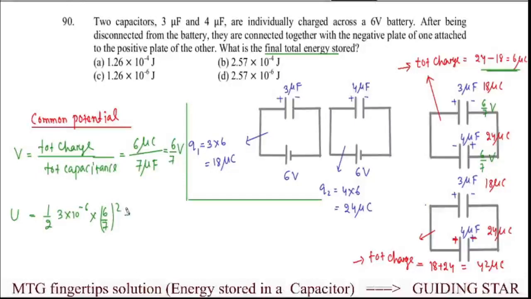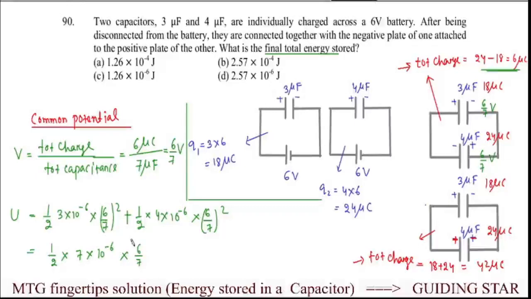Then plus the lower capacitor, which has energy half C V square. It will be 4 into 10 to the power minus 6 into the potential across the capacitor, taken as the common potential, 6 by 7 whole square. If we take half into 6 by 7 whole square common outside, this will be 3 plus 4, so 7 into 10 to the power minus 6 into 6 upon 7 square.